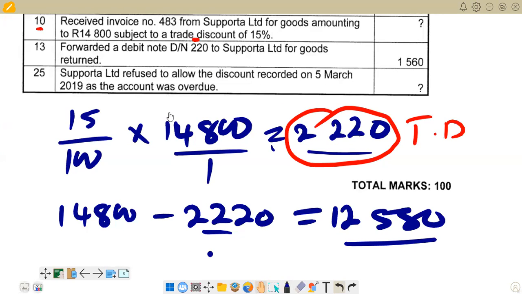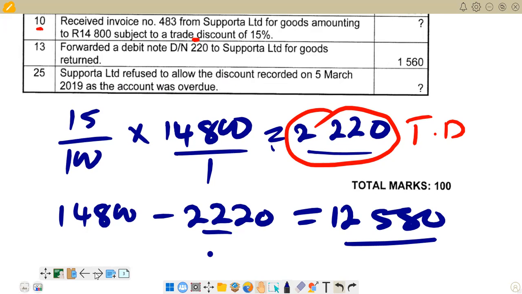So we go to the debit side and debit it, and we call the document supporting the goods that we are returning a debit note. We enter 1,560, and remember the date, 13. On the details part, we note the reference, debit note 220, which is DN 220.